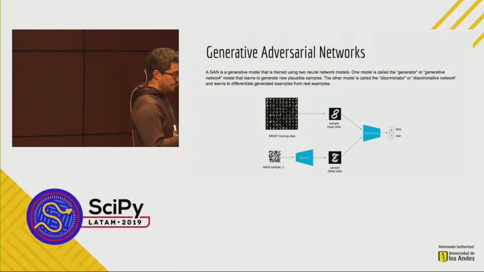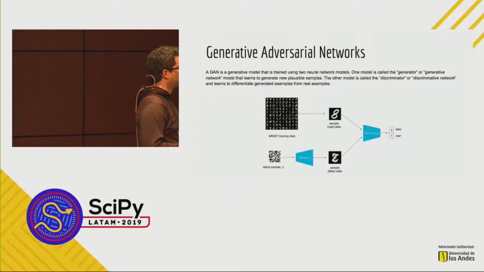That's the job. Both networks are trained together at the same time, and the goal of both of them is to do their job, and they both improve through time.